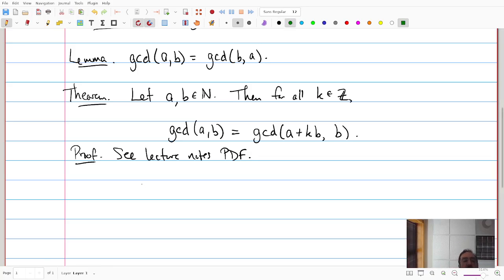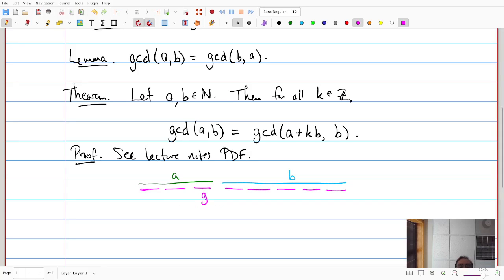this is true. So if I have, here's A, and here's B. And maybe their greatest common divisor is maybe something like this, right?